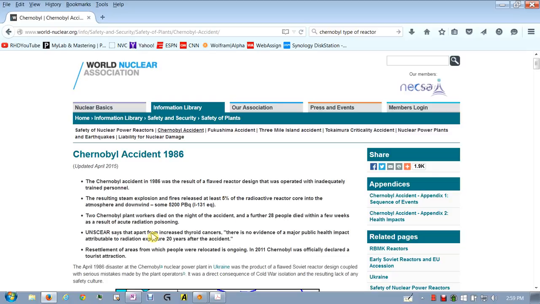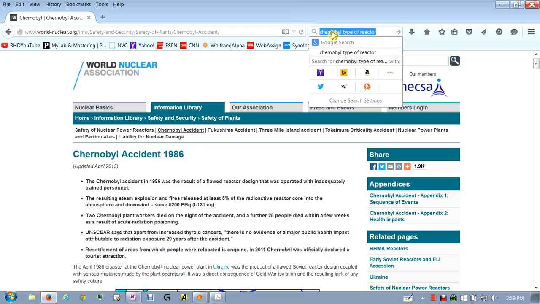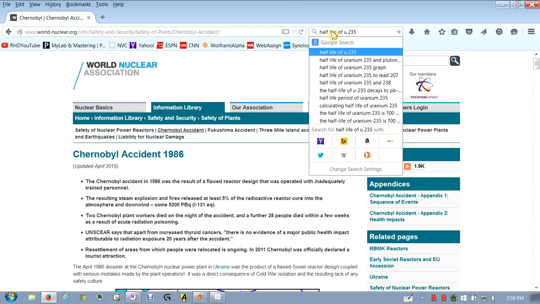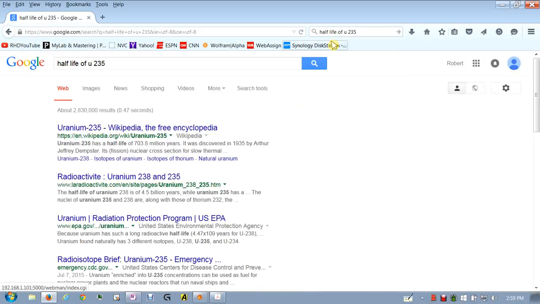So this particular type of uranium, I'm going to look it up, and again, I'm kind of guessing that it's U-235. I'm going to put the half-life of U-235 uranium. You want to do 235 or 238? Okay. 703.8 million years is the half-life of uranium-235.